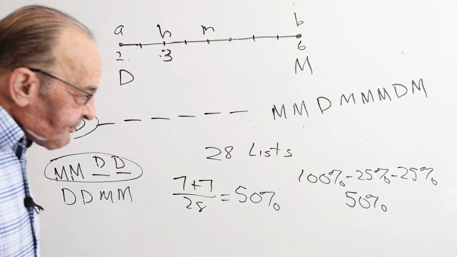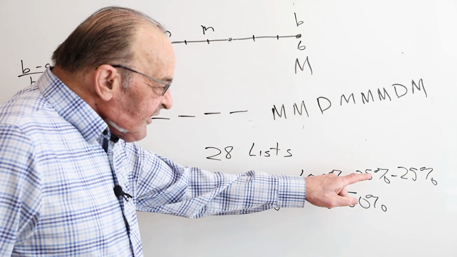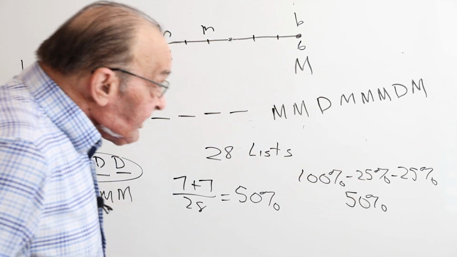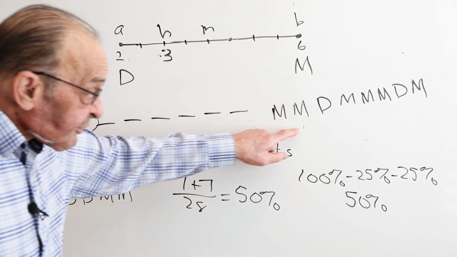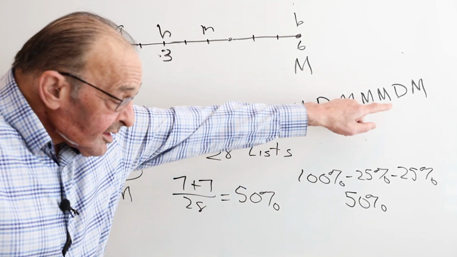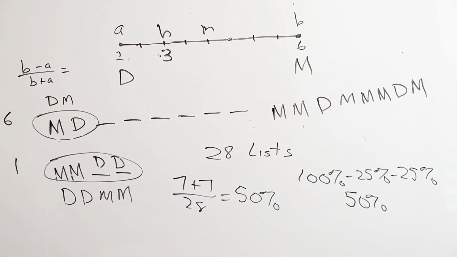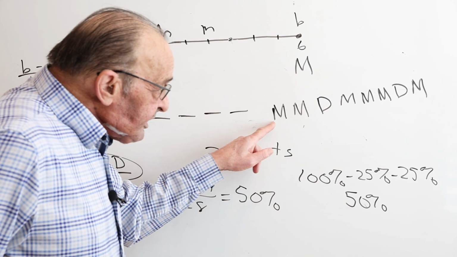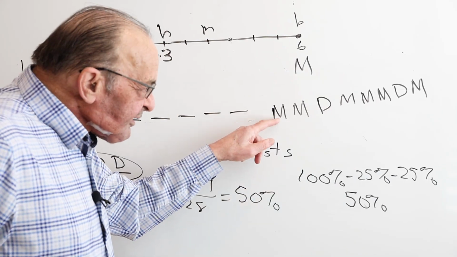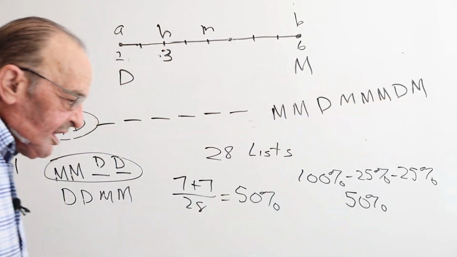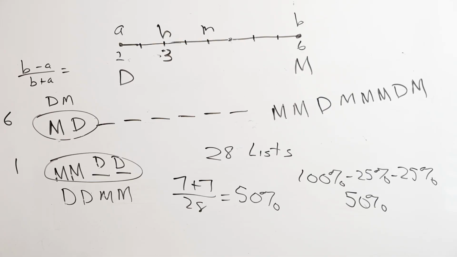So to review, why is this 25%? Because if you look at the string, D is 2 out of 8 letters. So 2 out of 8 is 1/4, that's 25%. So since you have 25% of the letters being D, you can make a probability argument that when you make all the lists, D would start 25% of all the possible lists.